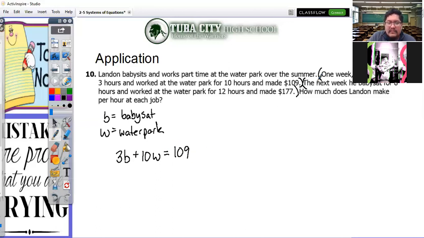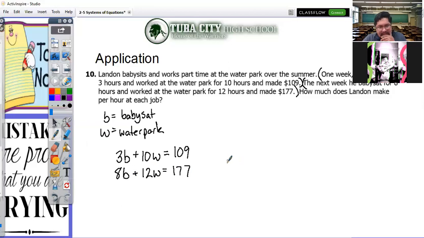The next week, the next equation, he babysat for 8 hours, so 8B, and 12 hours at the water park, 12W, equals 177. All right, there we go. So now, how much does he make at each job?